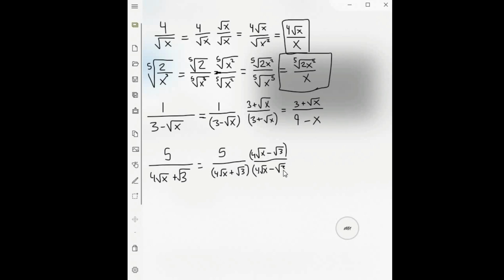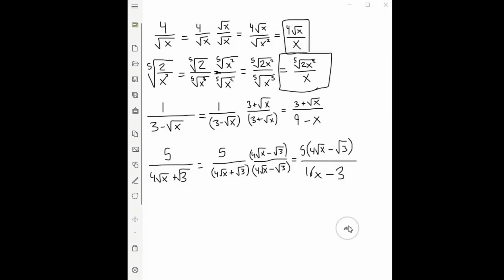And when we change the sign, because they have different signs but the exact same numbers, the radicals are going to disappear, and the numbers themselves are going to multiply. So we're going to have 4 times 4, and then the square root signs. So we're just going to have 3 for the denominator. Remember, whatever we do to the bottom, we do to the top. 4 times 4 is 16. The x's get out. Whatever's inside of a radical is now out of the radical sign.